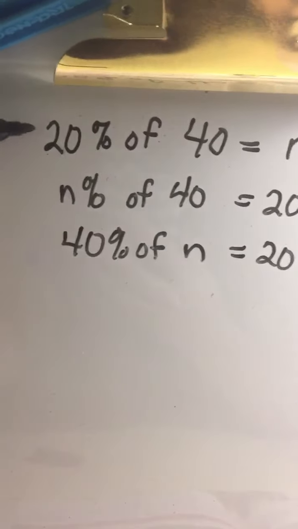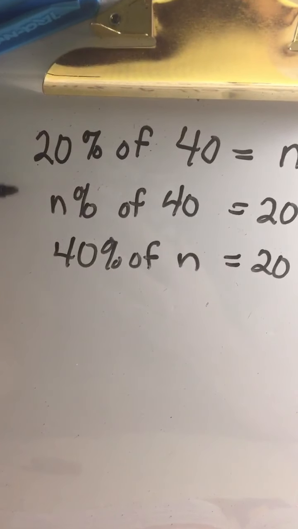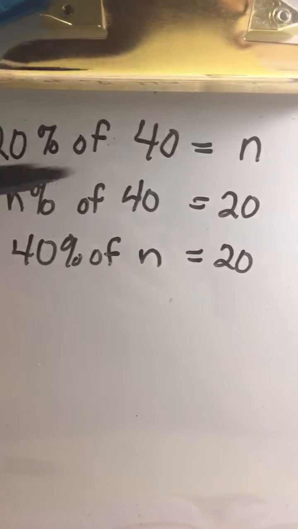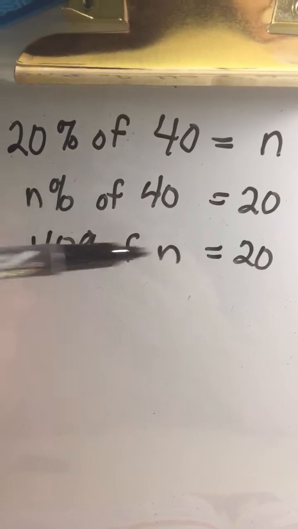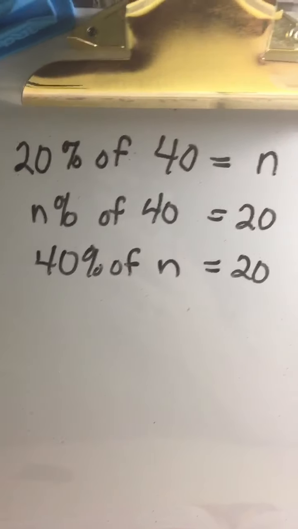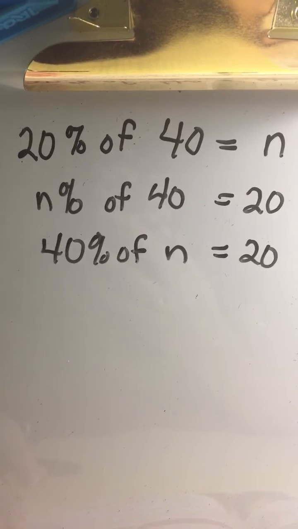And so when we set them up in an equation like this, you can see that they are not the same. They are asking different questions. They're missing different pieces of the puzzle. All right, so they're not the same. And so you will not come up with the same answer for each of them.